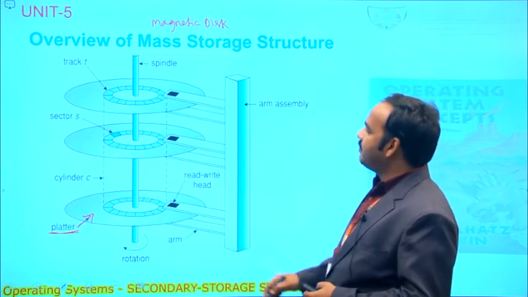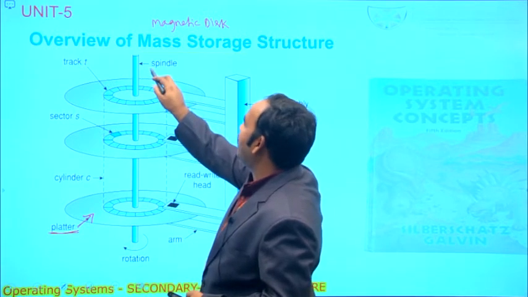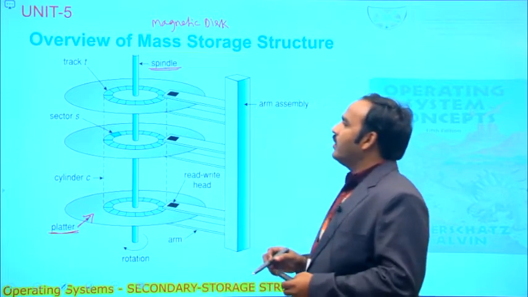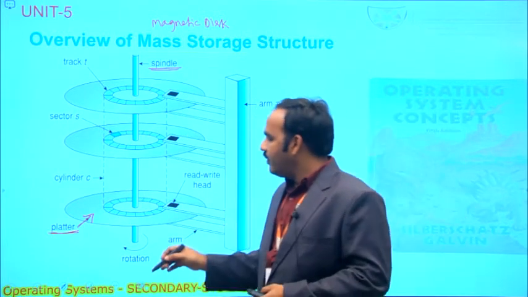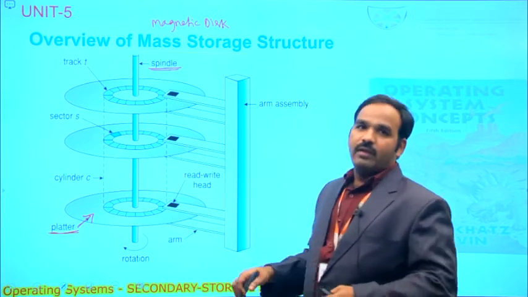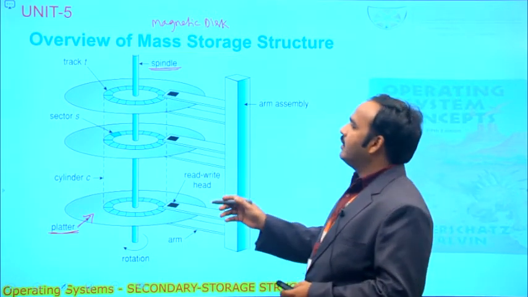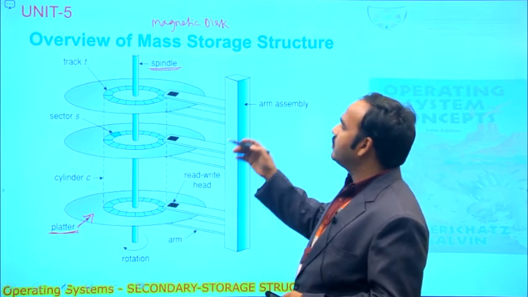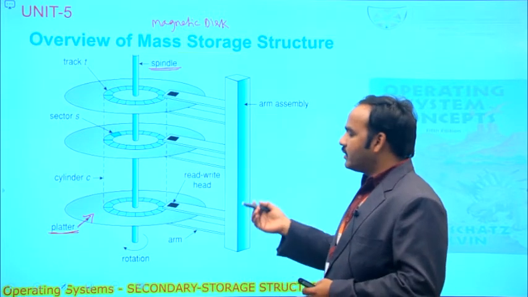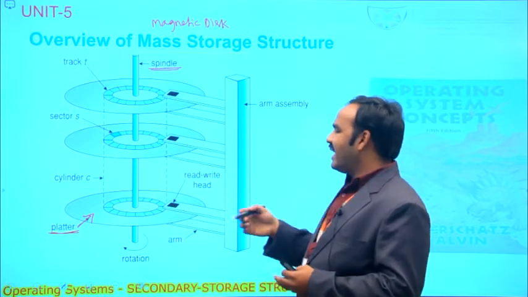All these platters are connected to a component called the spindle, so they are fixed with the spindle. All platters have the same shape. The common platter size is from 1.8 inches to almost 6 inches.